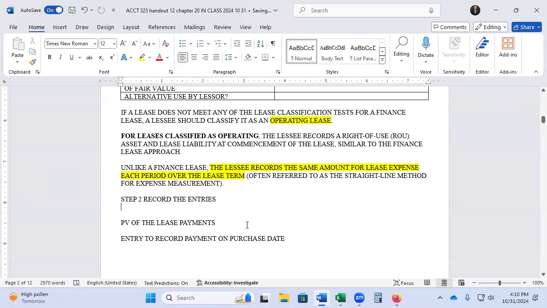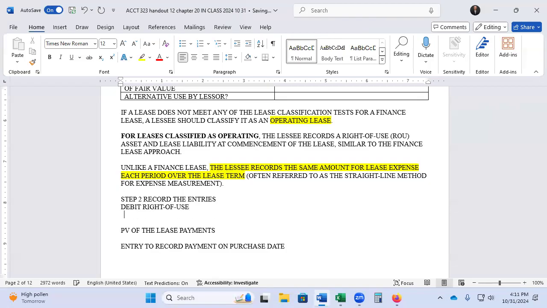So if we record the entries, when we put it on the books, we're going to debit right of use. Sometimes I say right to use. Sorry if I'm using the wrong adjective there. And then a credit to lease liability.